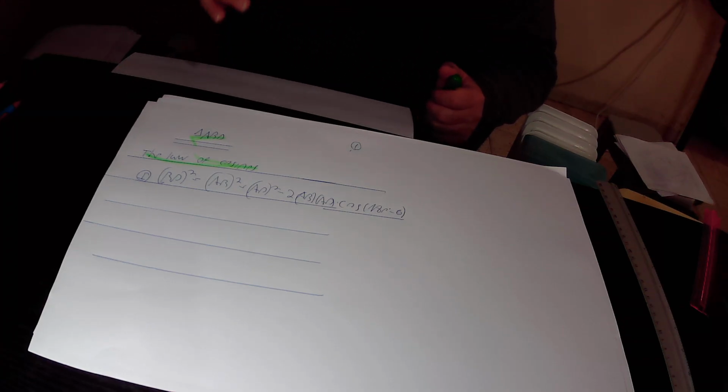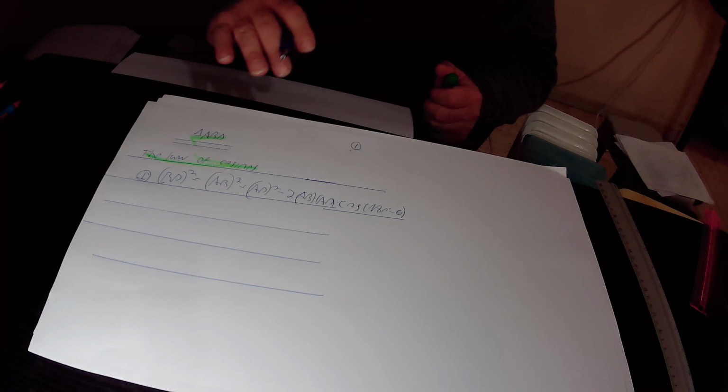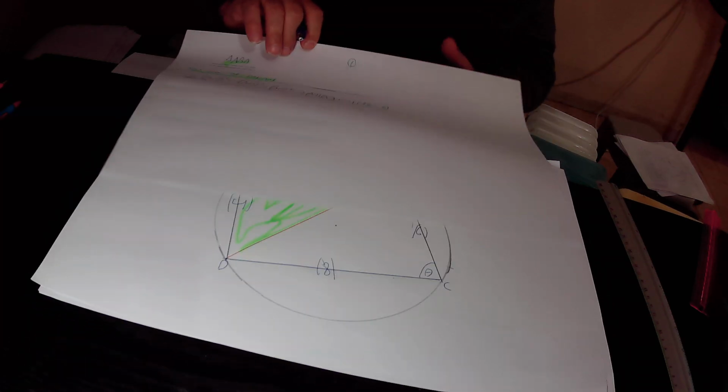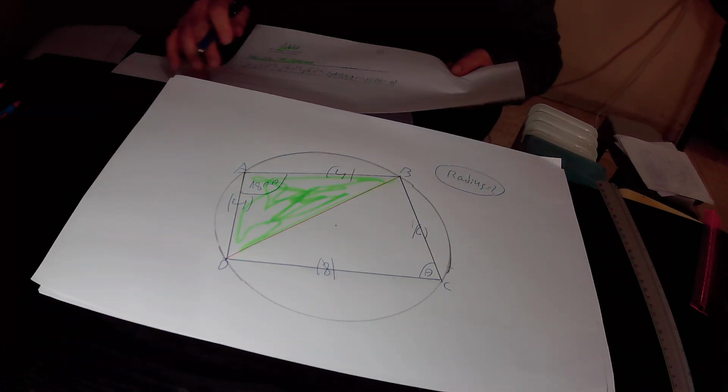This equation is the implementation of the law of cosines in this green triangle ABD.